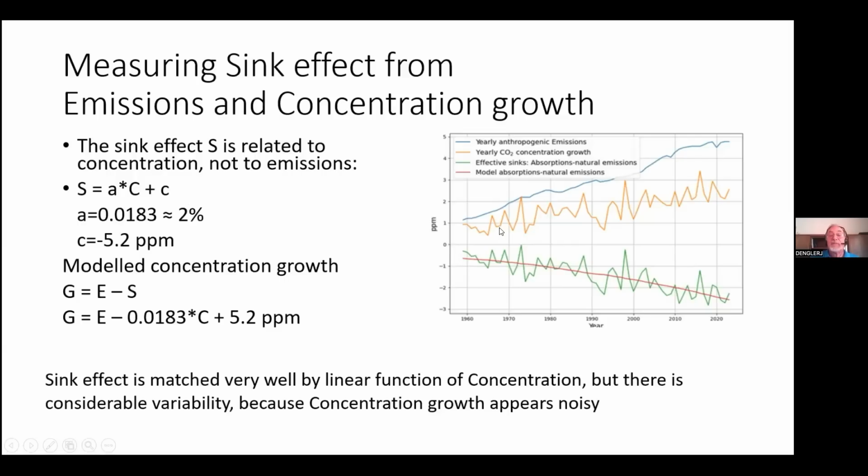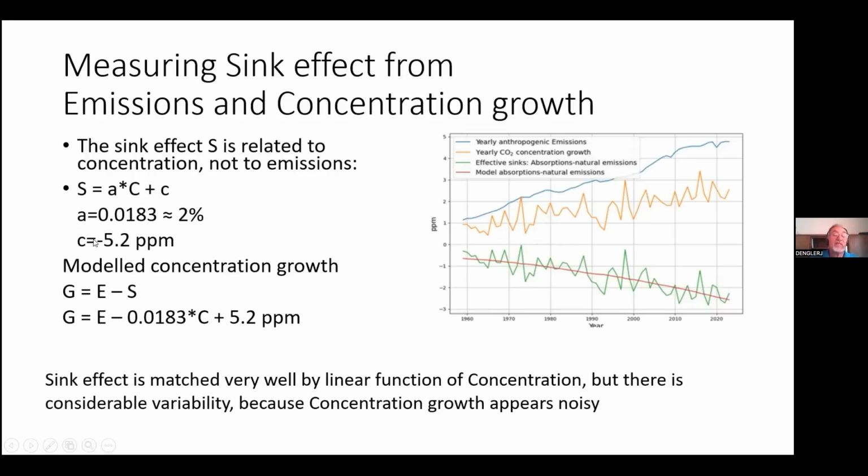When we do a regression of the sink effect, assuming sink effect is A times concentration plus a constant C, then we have approximately 2% of the concentration and a constant of minus 5.2 ppm. And the minus sign means this stands for natural emissions.